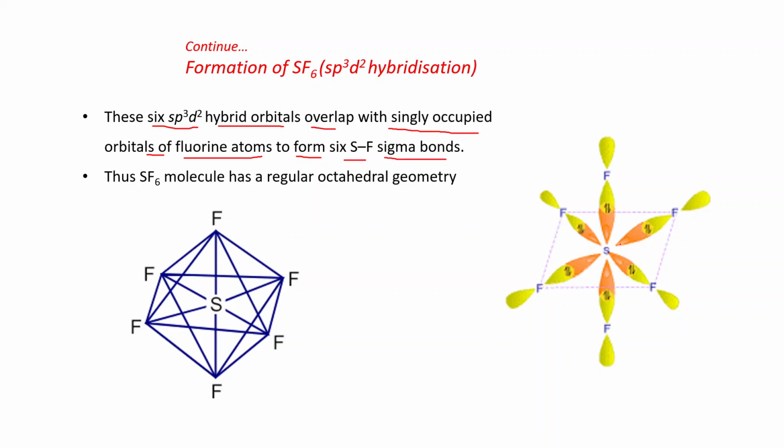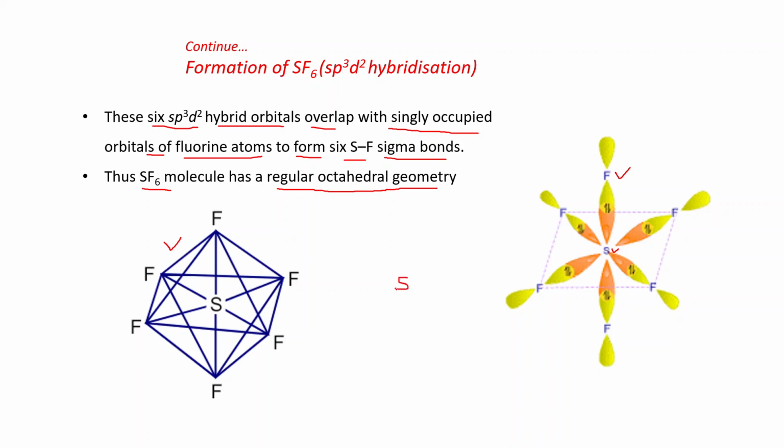From this diagram, this is the sulfur, having 6 sp3d2 hybrid orbitals, and each sp3d2 hybrid orbital overlaps with the half-filled p orbital of fluorine, making 6 S-F sigma bonds, and thus the SF6 molecule has a regular octahedral geometry.